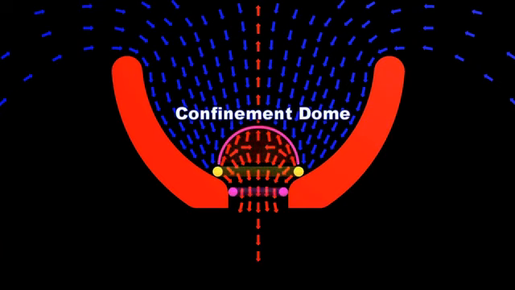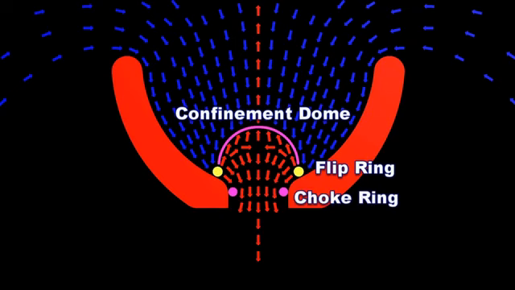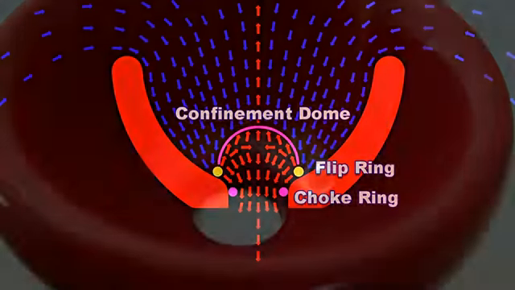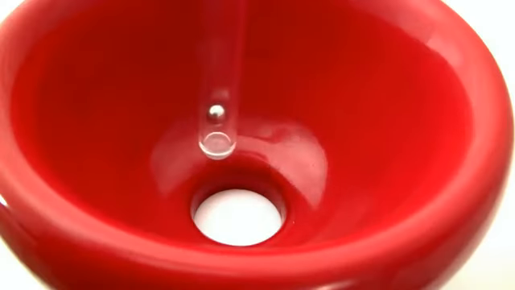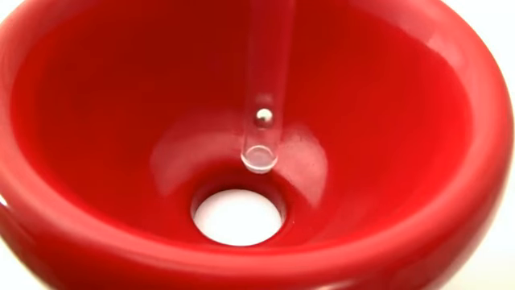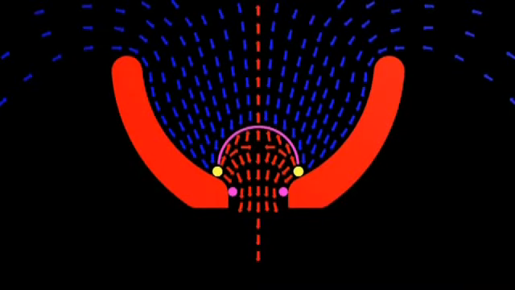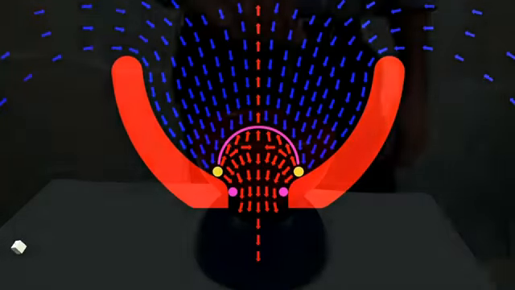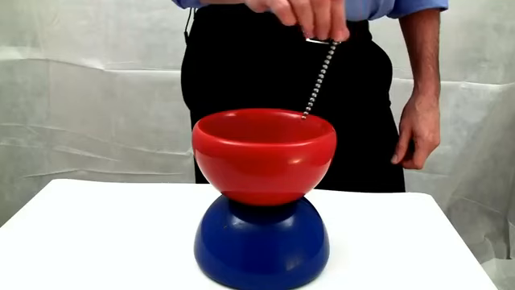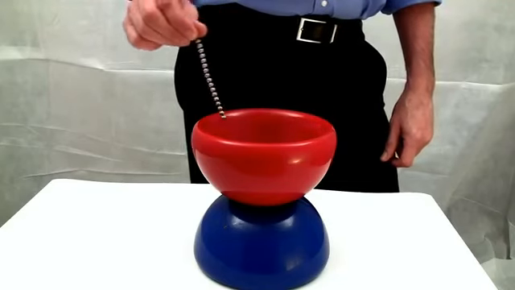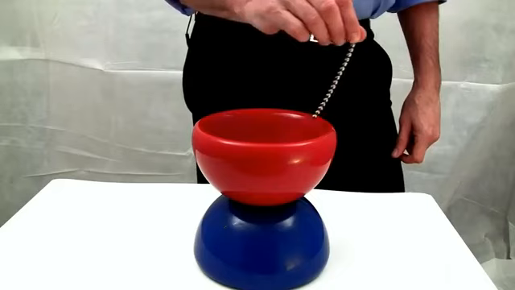The red arrows indicate magnetic north, and the blue arrows indicate magnetic south. Here we see a magnetic sphere being used to reveal the shape of the confinement dome. Here we see a string of magnets being used to show the magnetic field lines in and around the magnetic pole.